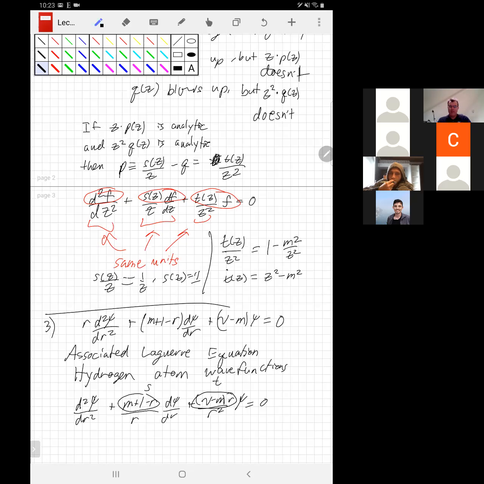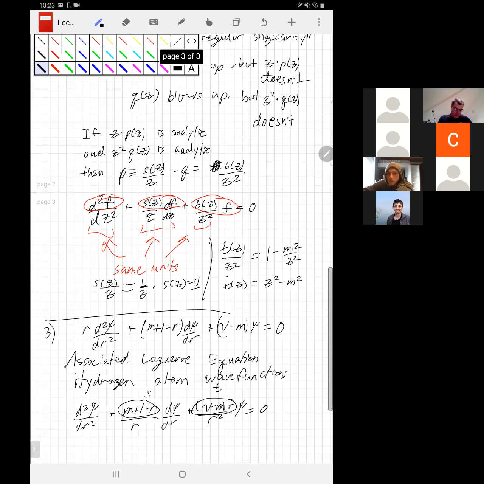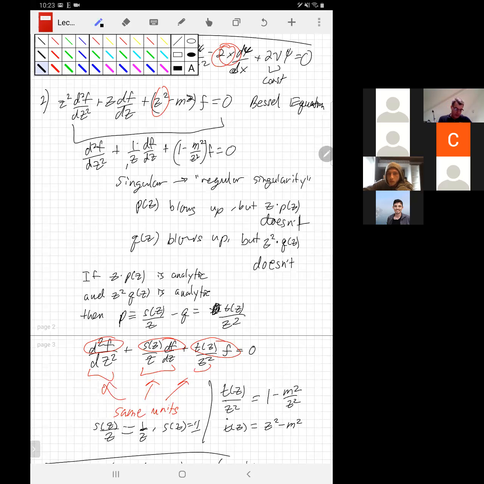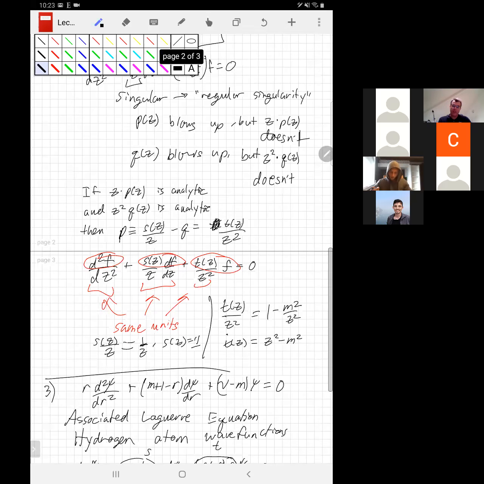And then the next question: when you argue that s of z over z is equal to 1, how did you know that? S of z over z is 1 over z because there was a 1 over z right here. Oh, okay. It multiplies the first derivative, so it's s over z.